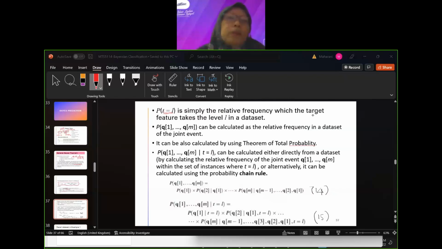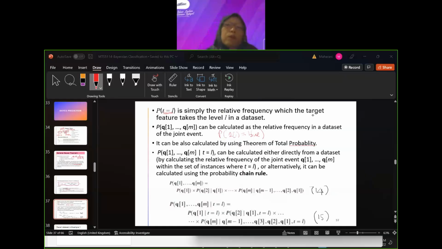Next, how to compute the probability of Q1, Q2 until Qm. That's similar, but now you verify for each feature. Let's say you look at Q1 and Q1 equals blue, depending on the dataset. You look at the column Q1, find the blue ones, and then divide by the total n. Then do the same for Q2, Q3, and so on.